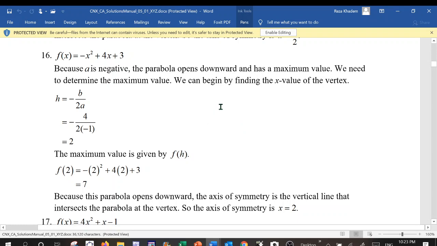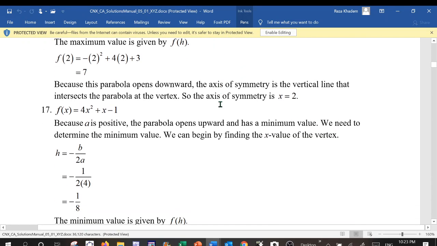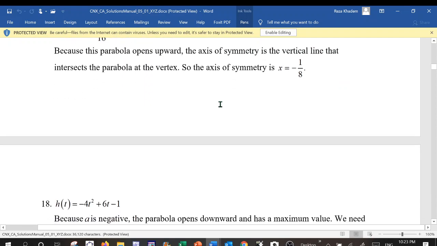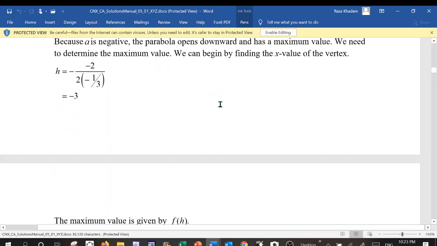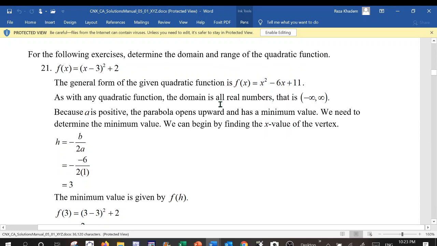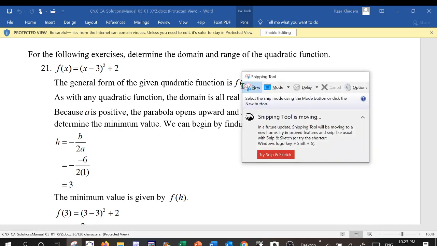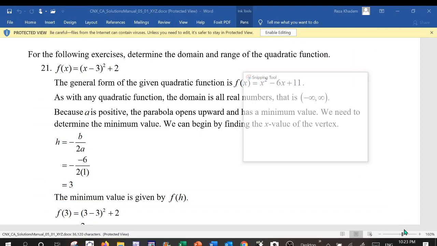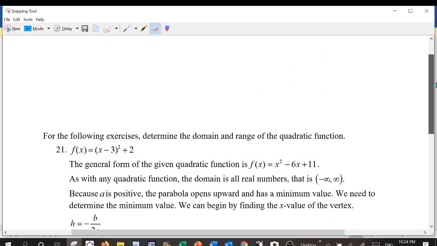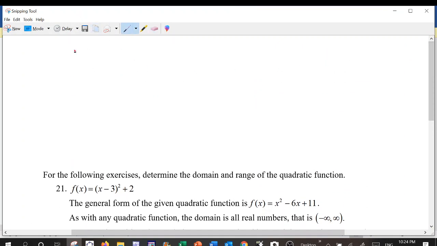Again, let's do another problem. Let's do 21. It says determine the domain and range of a quadratic function. Okay? Again, before we do that, let's realize that if we have something like this, and the vertex happens to be here, we know that the y-coordinate of the vertex is k, right?